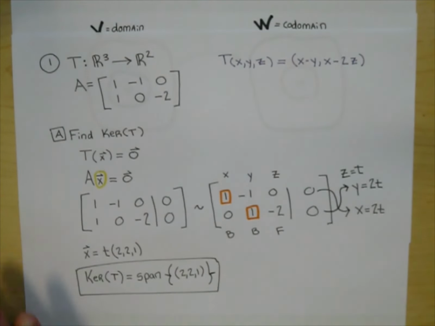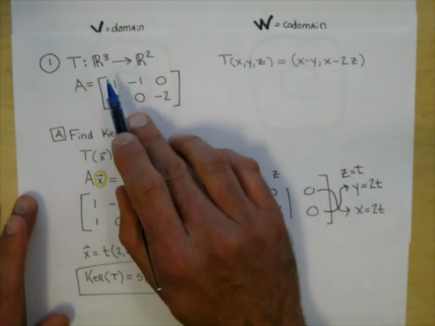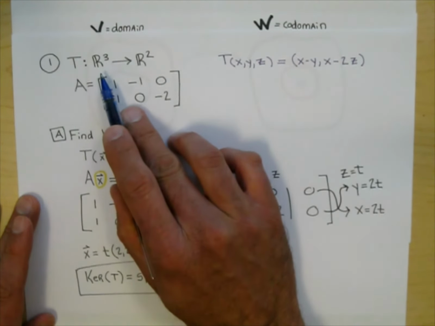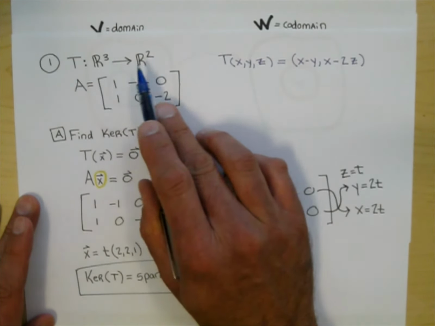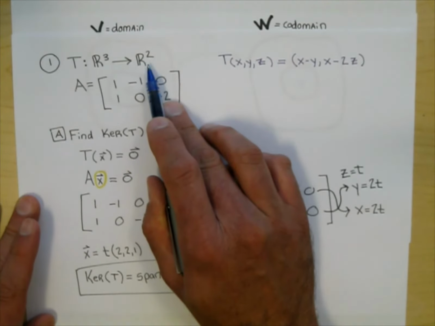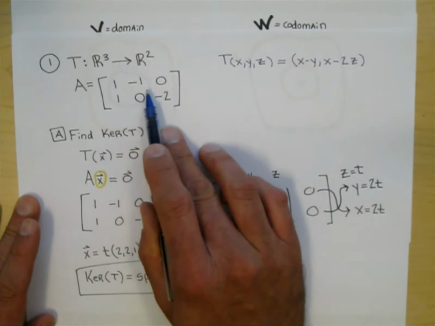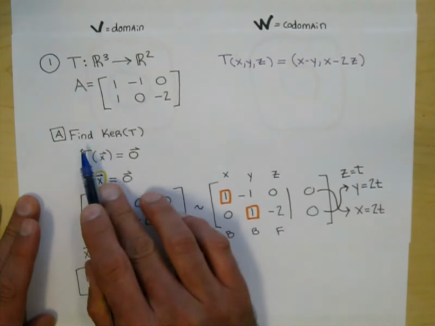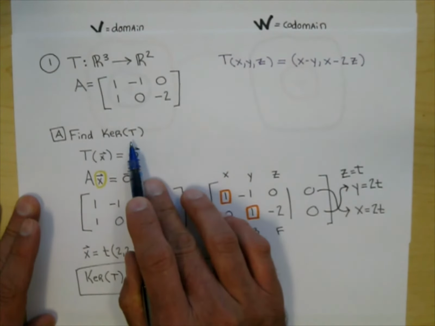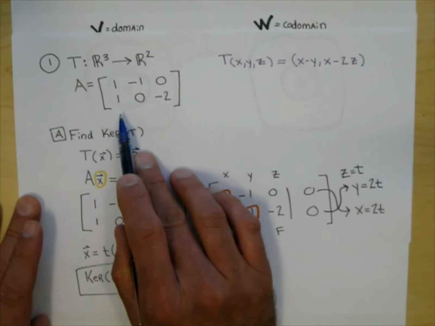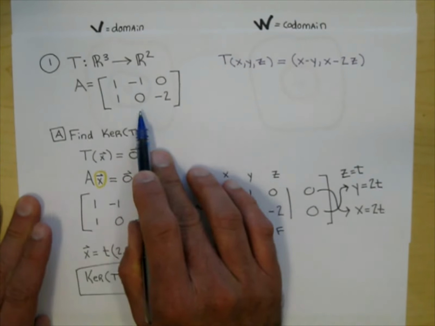And here's the revelation that we should get from this. If you have a linear transformation from like Rm to Rn or R3 to R2, you'll definitely have a matrix of T. And when they ask you to find the kernel, guess what the kernel is? It is the null space of that matrix.